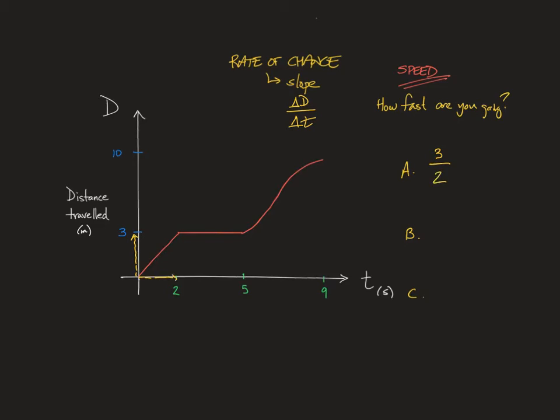If I take a look at my rise over my run, that would be 3 over 2, and we could convert that into a decimal and describe it as 1.5. We know that on all rates of change, it requires units. What were my units in distance on top? Meters. And what were my units in time on the bottom? Seconds. And so our speed was 1.5 meters per second. So what I'd like you to do, pause the video and give the next 2 a shot.